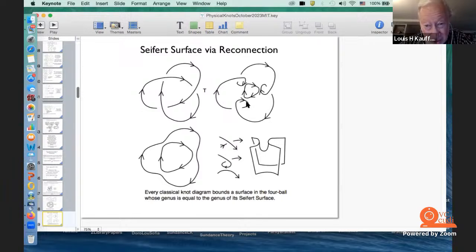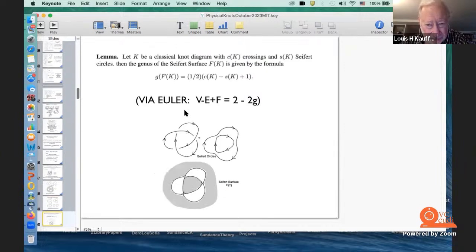If I then bound them with disks off into 4-space, I get the Seifert surface now pushed off into 4-space. That's an example of a surface in 4-space that's obtained from the knot diagram, that is the Seifert surface, actually. So the Seifert surface appears in our cobordism thoughts.